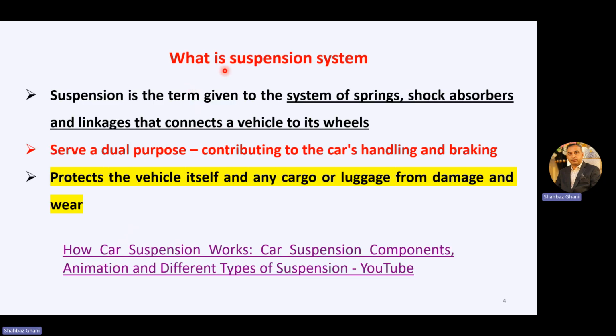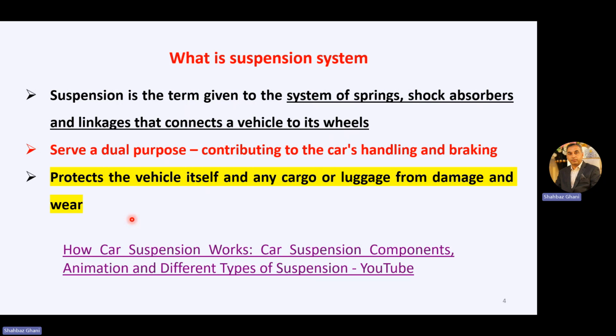Now, what is suspension system? Suspension is the term given to the system of springs, shock absorbers, and linkages that connects a vehicle to its wheels. It serves a dual purpose, contributing to the car's handling and braking, and protecting the vehicle itself and any cargo or luggage from damage and wear.